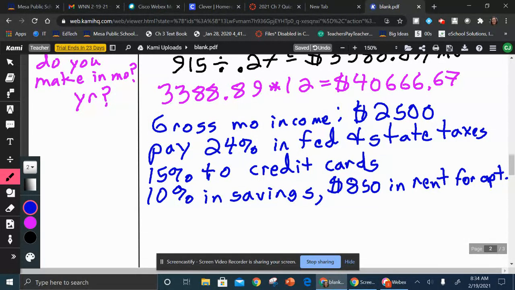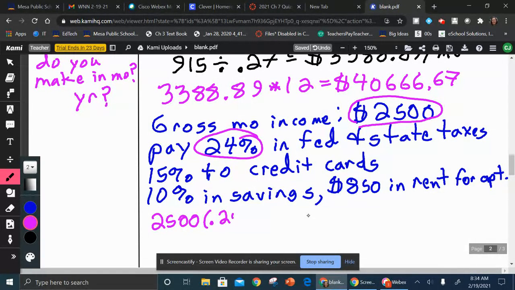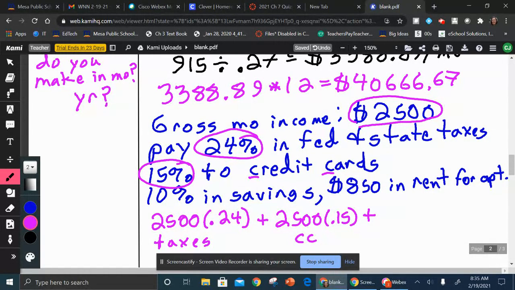Okay, so we're going to figure this out. We take the gross pay times the 24%, so that's taxes, plus 15% to credit cards, so the gross pay times 15%, that's credit cards, plus 10% in savings, which is really good.